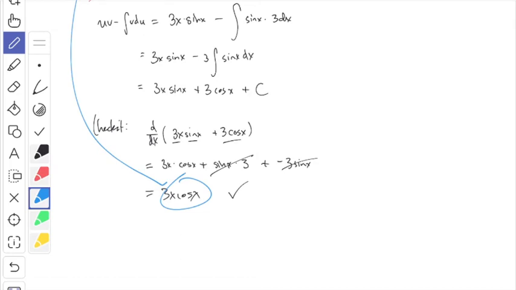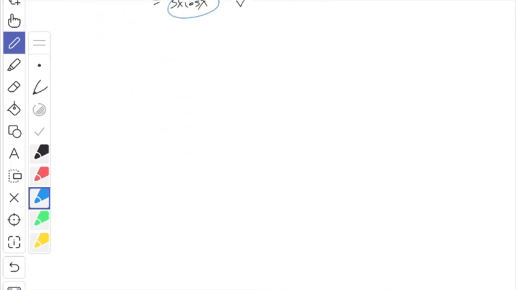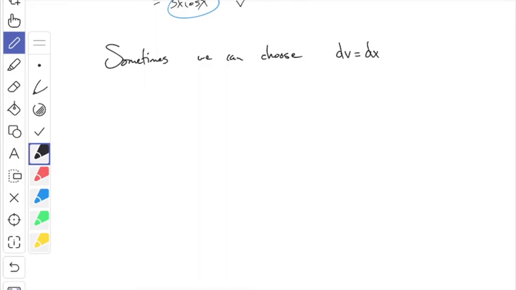Very strange example. Sometimes we can choose the dv to just be dx. This is a weird integration by parts.